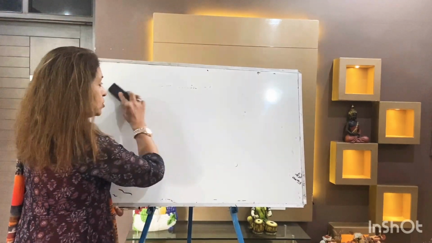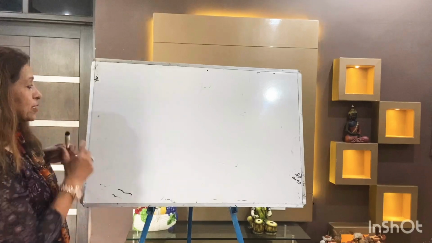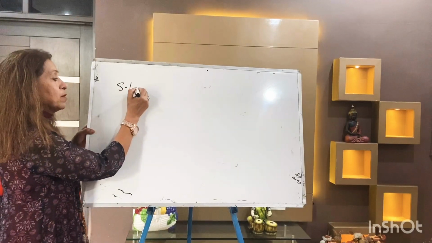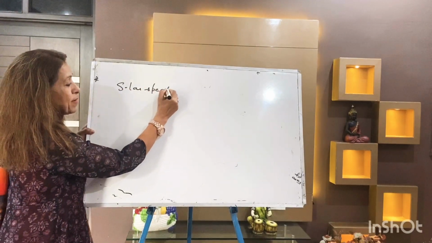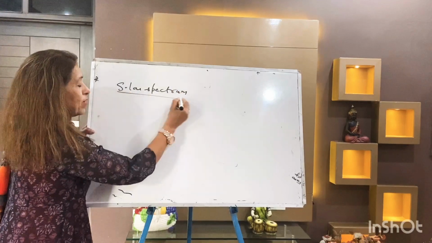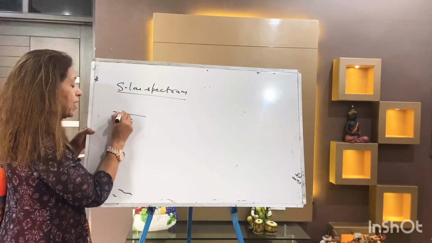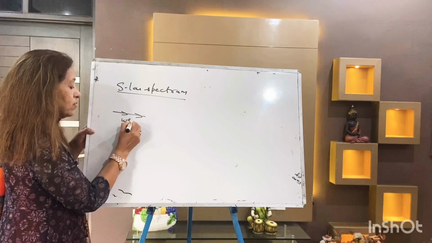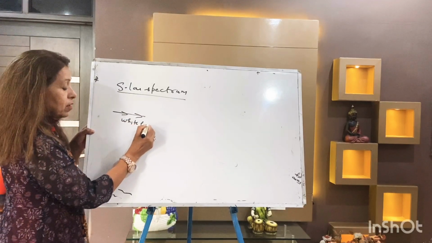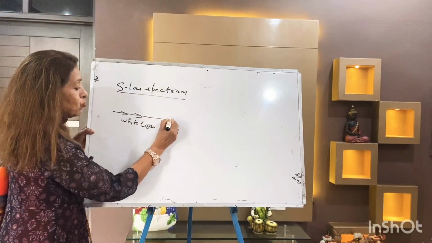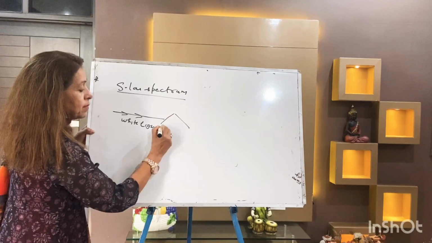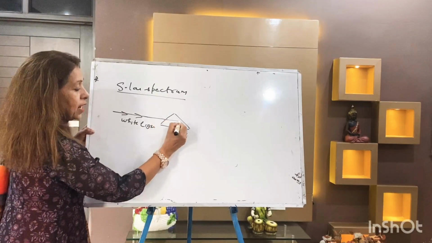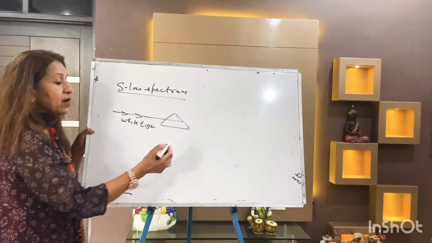Now for visible light, I'm taking the next spectrum, the solar spectrum. When you pass white light, that is sunlight, through the prism of a spectrometer, it gets dispersed into 7 colors.